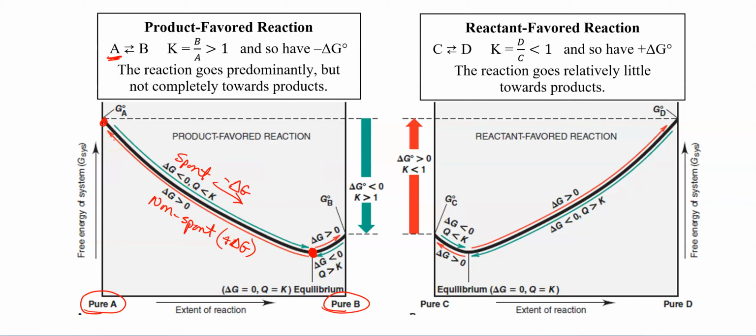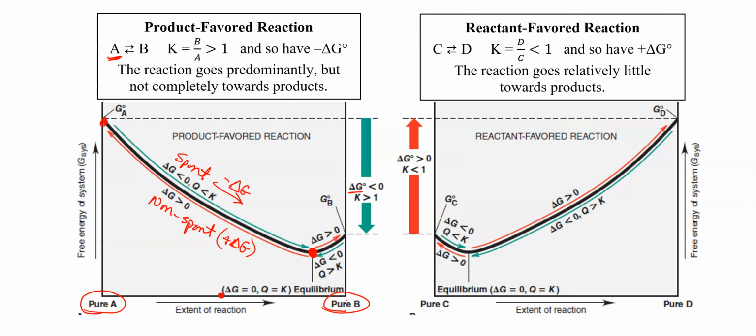Okay, so now what is the delta G naught? Remember, delta G naught is when you're at standard conditions. And the thing about standard conditions is everything has the same concentration of 1. So if you start with pure A and you keep going, at about 50% of the way, you have changed so that you would have the same concentration of A and B. So they're all 1 molar.